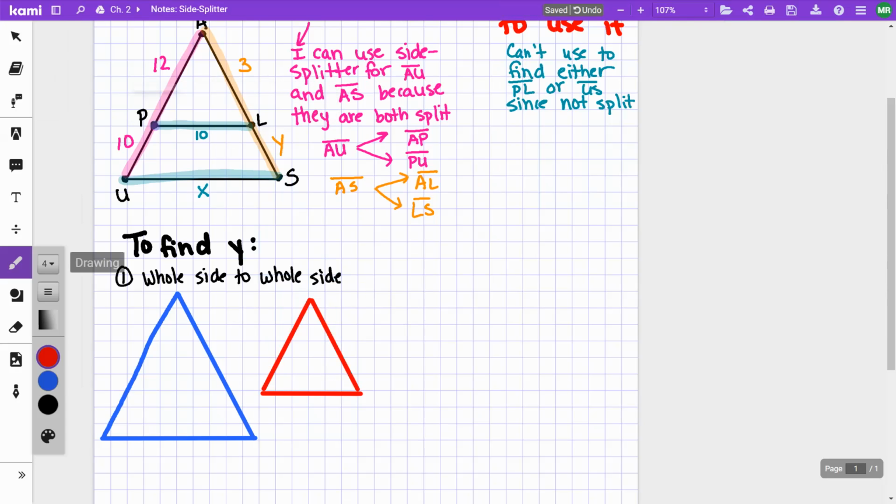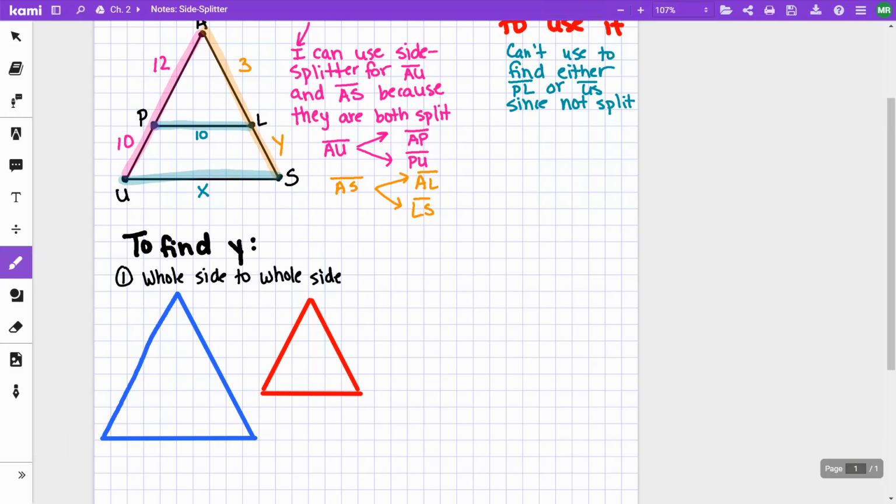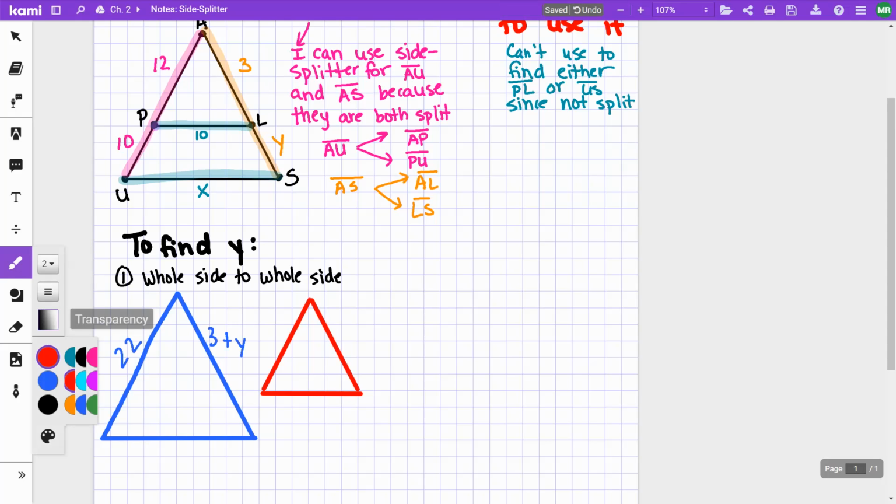This is where I'm thinking of whole to whole. So this whole side here is going to be 22. This side here is going to be 3 plus y. In the other triangle, this whole side is a 12 and this whole side is a 3.